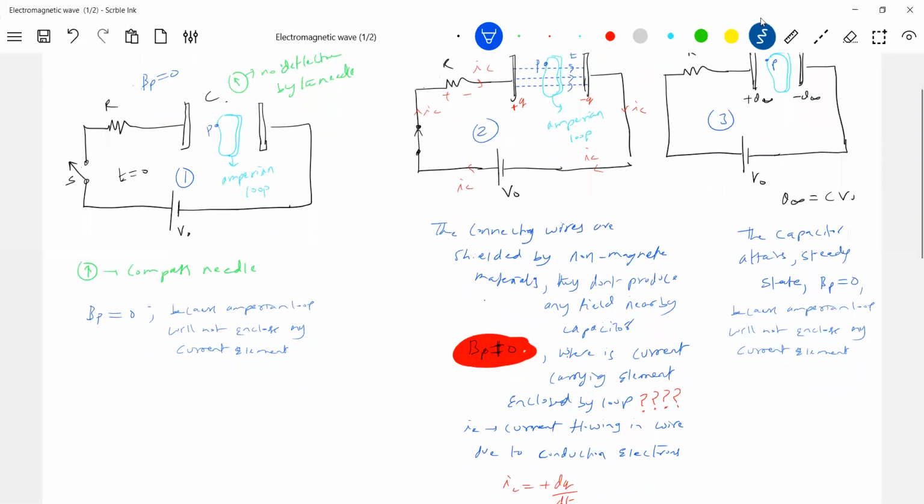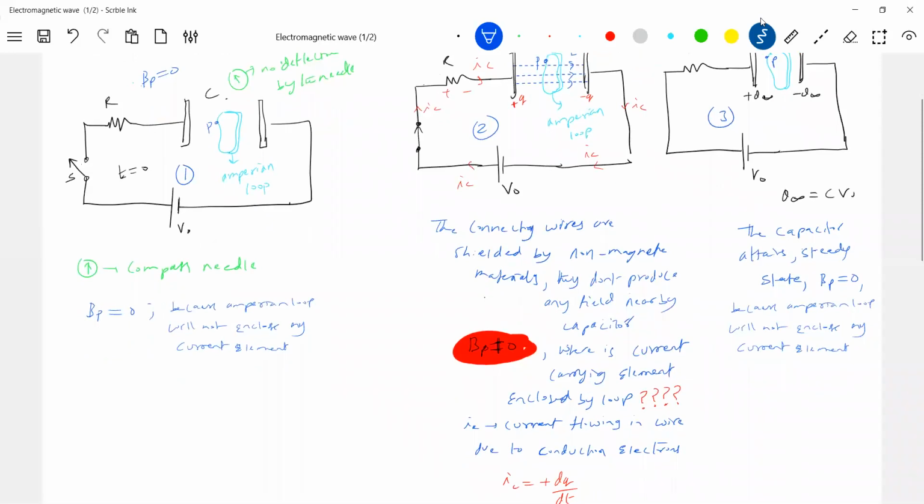What is the expression for charge? Q is equal to CV naught times 1 minus e to the power of minus t over lambda. Similarly, what is the expression for electric field? It should be equal to Q by A epsilon naught, that is CV naught by A epsilon naught times the same factor.